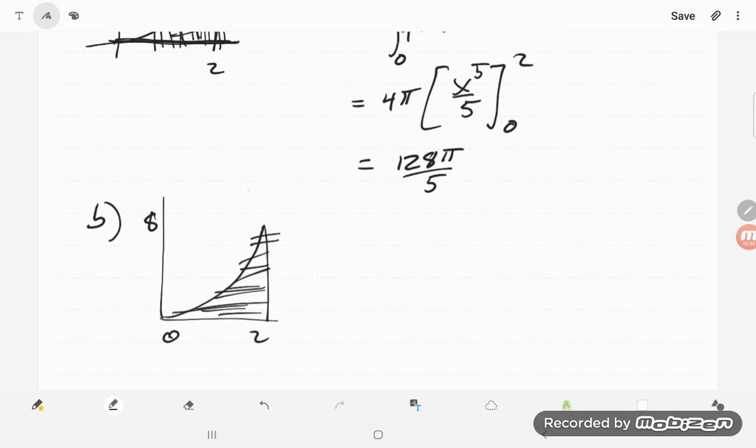So for one, we have y equals 2x squared, which means that x is equal to the square root of y over 2. And so that's that distance, but you see that's not our radius that we're adding up.